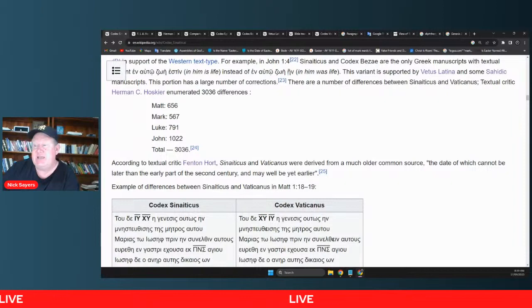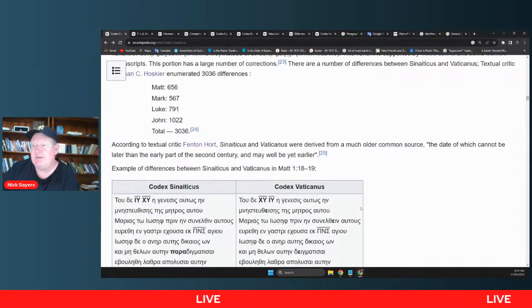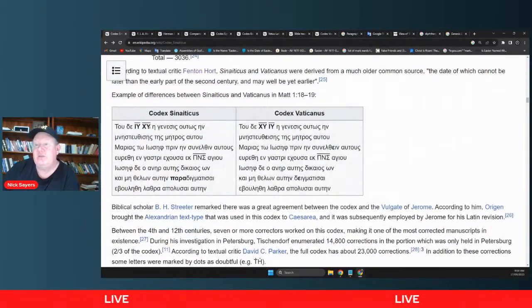Okay, so here's an example of the differences in Matthew 1:18 to 19. So we see, most of the documents have the nomina sacra, but here the difference is they're swapped around. So Codex Vaticanus says Jesu Christu. So here it has Christu Jesu.